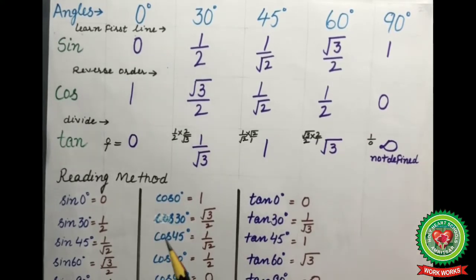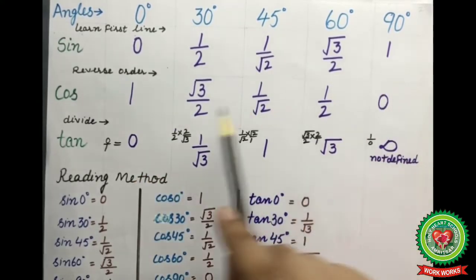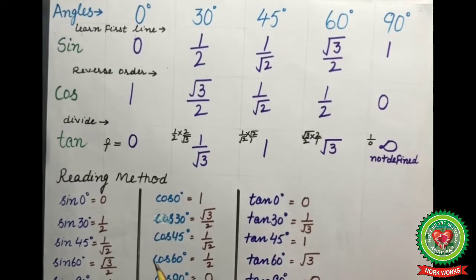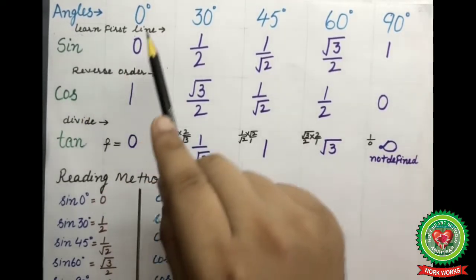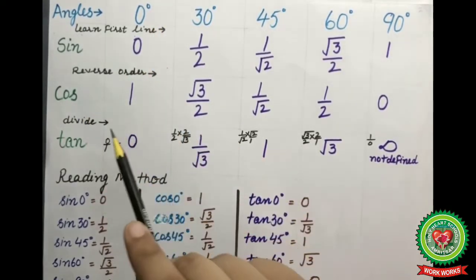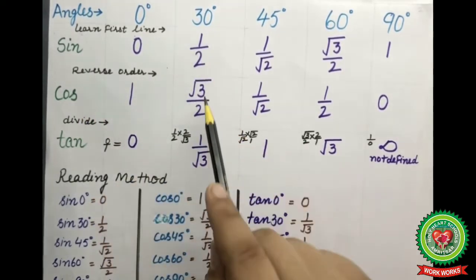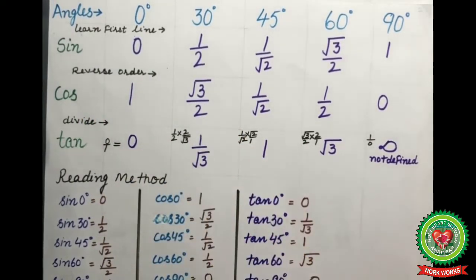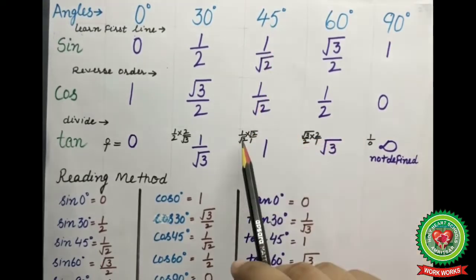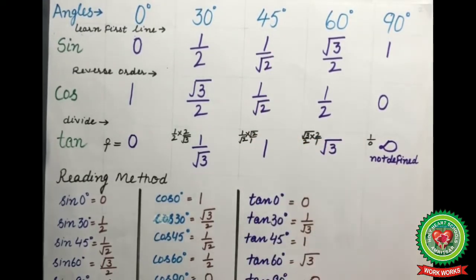Now for cos, write down this line in the reverse order only. So we are going to get the values of cos theta in case of different standard angles. Cos 0 degree is equal to 1. Cos 30 degree is equal to under root 3 by 2. Cos 45 degree is equal to 1 by under root 2.